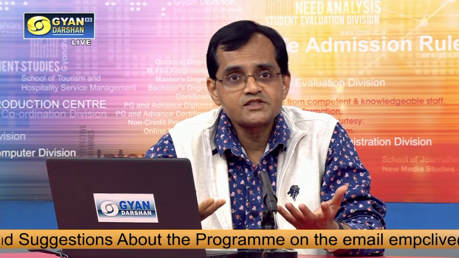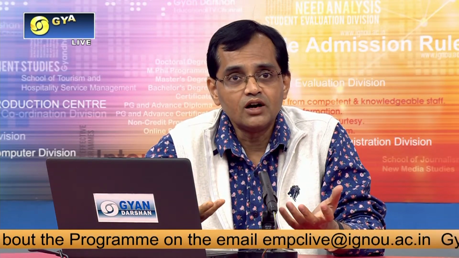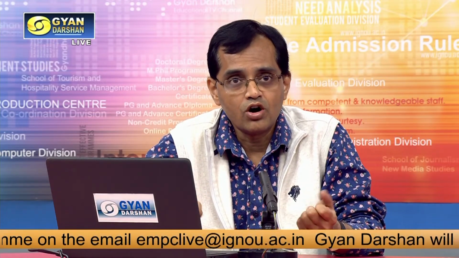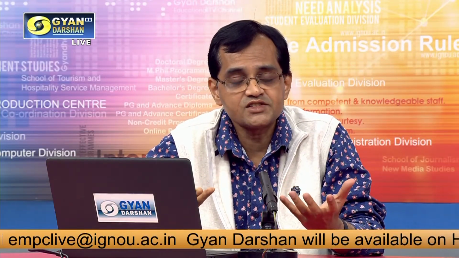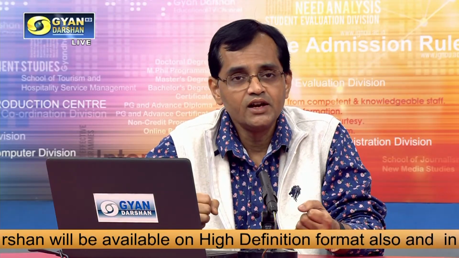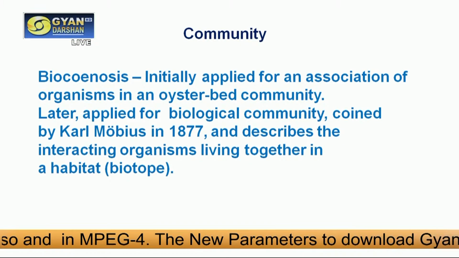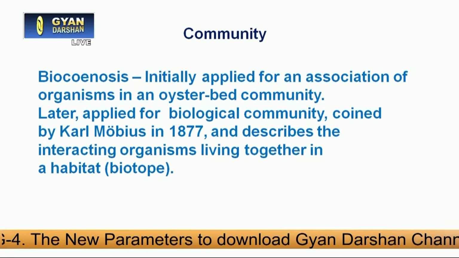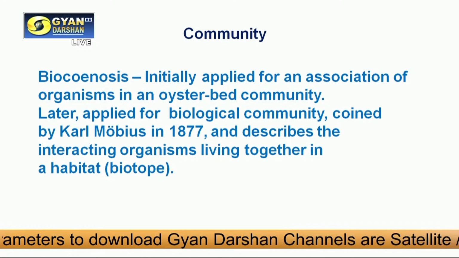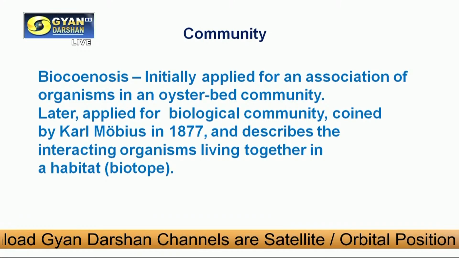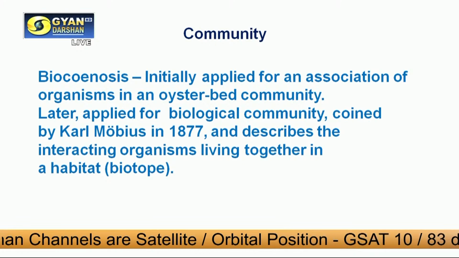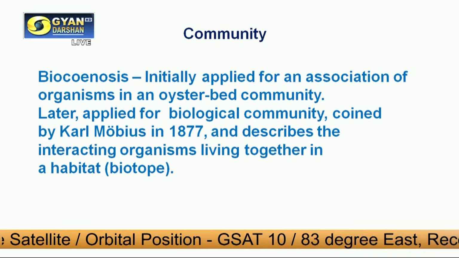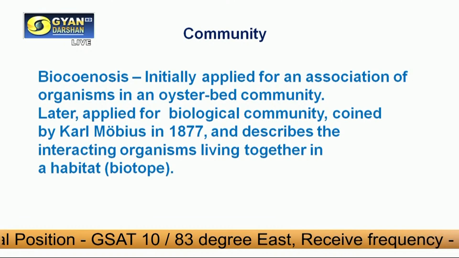Now, how did this concept of community evolve, or what was the first instance from where this concept started? Initially, the term community was not there. Instead, there was a term called biosynosis. What is biosynosis? This is an association of organisms in an oyster bed community. So probably the concept of community actually came from this oyster bed community, and it was given the name biosynosis.